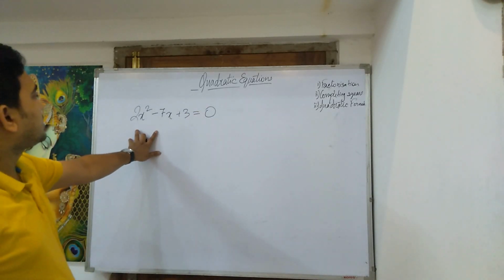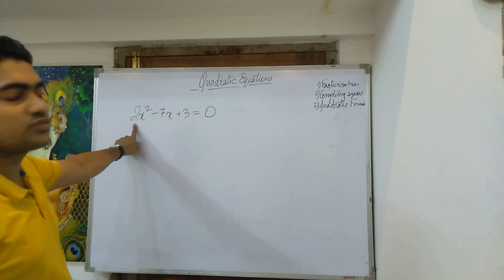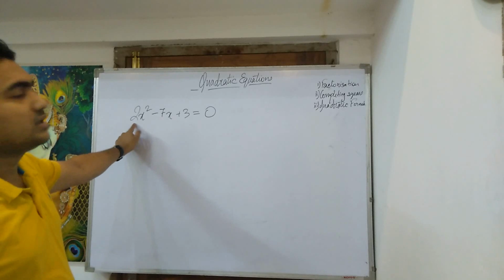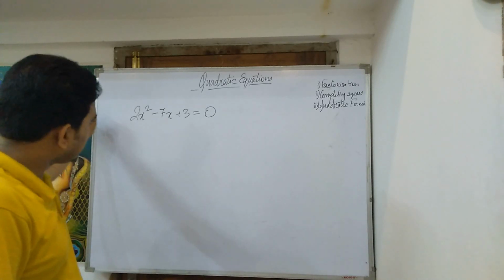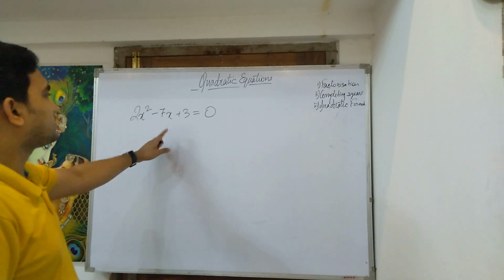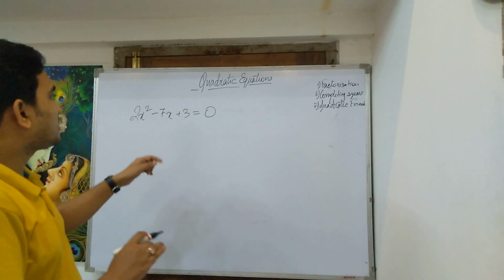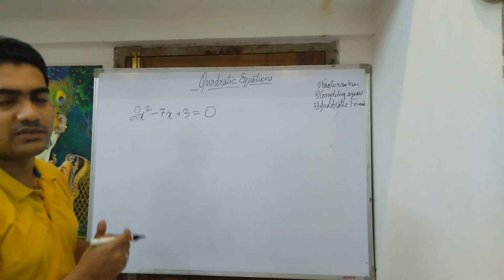In this case, first of all, 2 is not a square of any natural number. So either we have to multiply the entire equation by 2 or we have to divide the entire equation by 2. So better to multiply, because we don't want to end up with fractions at the very beginning.